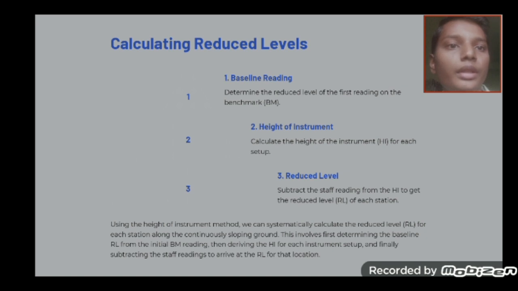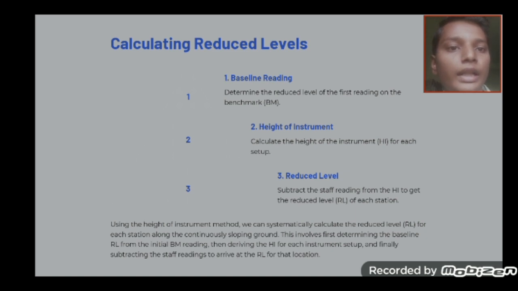Calculating the reduced levels. First one, baseline reading. Determine the reduced level of the first reading on the benchmark. Second one, height of instrument. Calculate the height of the instrument, HI, for the setup. Third one, reduced level. Subtract the staff reading from the HI to get the reduced level, RL, for each station.